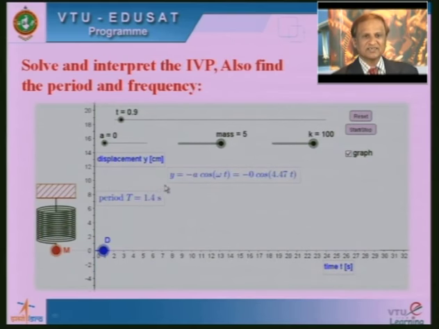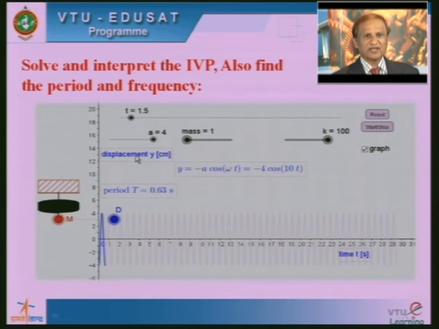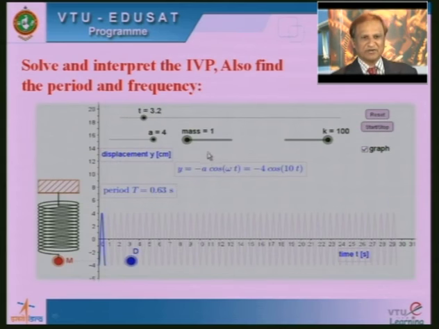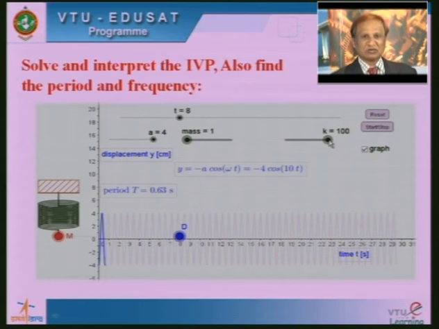Or you can change another parameter. Suppose the amplitude becomes 0. Now the point is moving on the t axis. It means there is no motion. Or you can change another parameter. I have changed k, the spring constant.